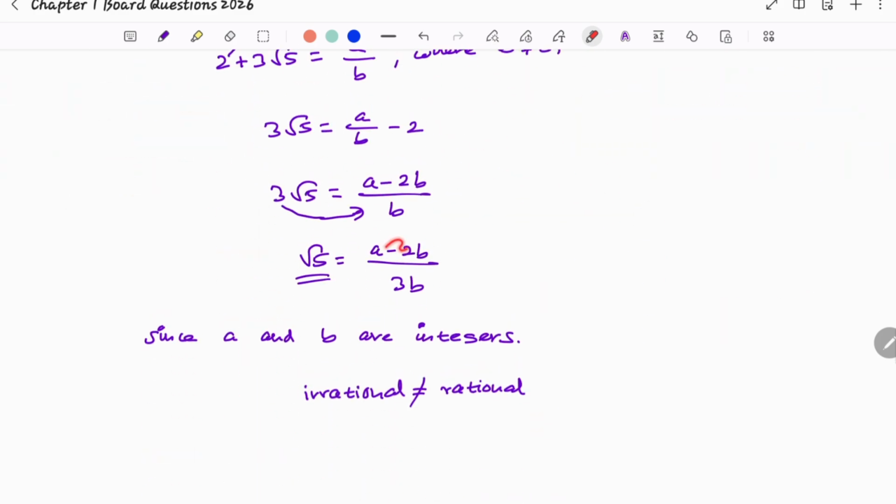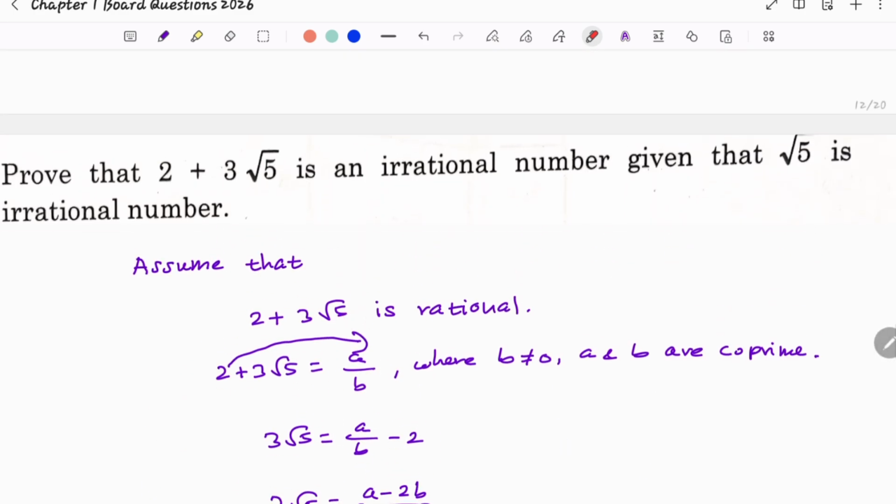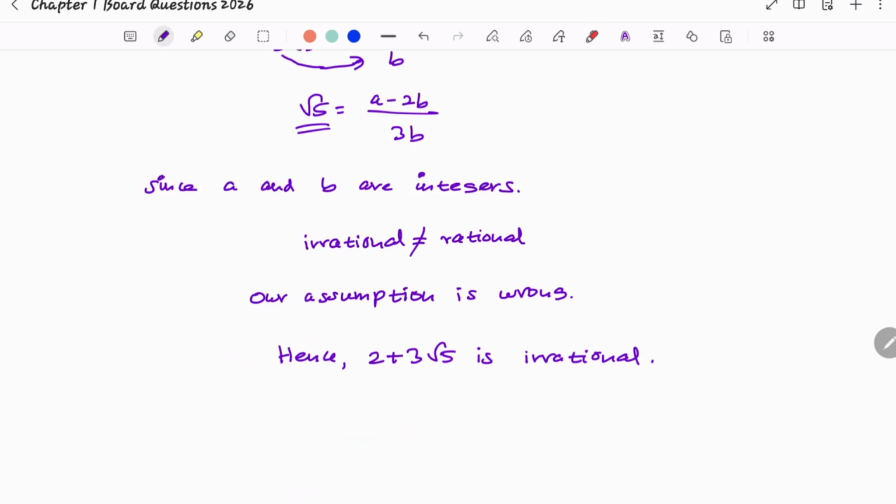This happened because of our assumption, so our assumption is wrong. Our assumption was that 2 plus 3 root 5 is rational, so it cannot be rational; 2 plus 3 root 5 must be irrational. Is it clear? So we proved 2 plus 3 root 5 is irrational.